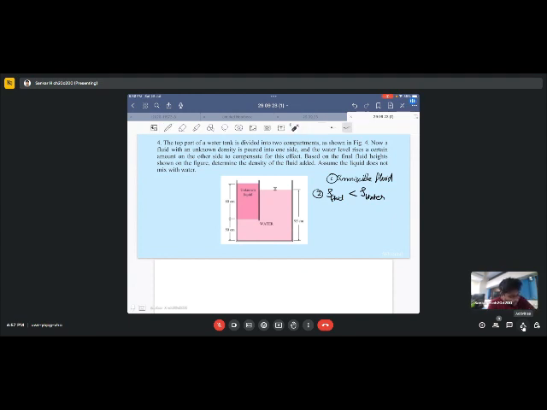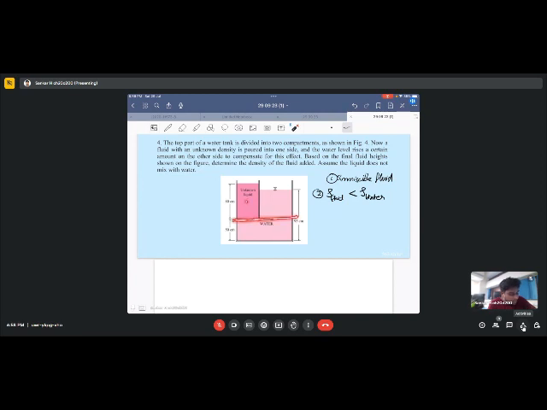So how do we solve this problem? What we need to understand is that all the points on a horizontal line over here have the same pressure. Therefore, the water pressure over here and here will be the same, and similarly here and here.